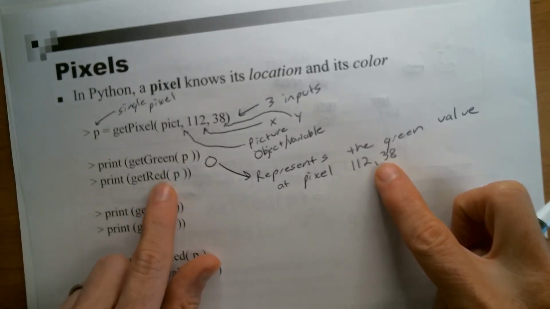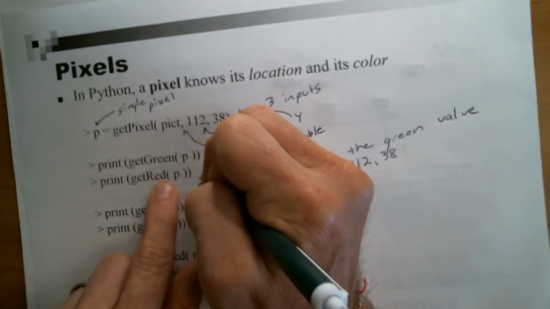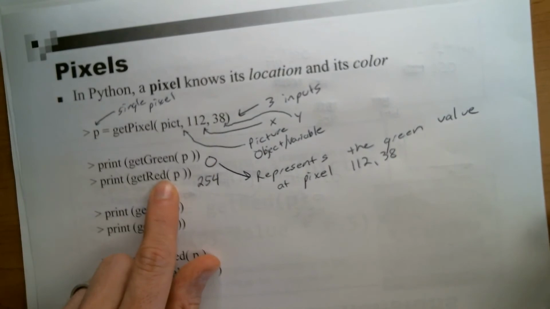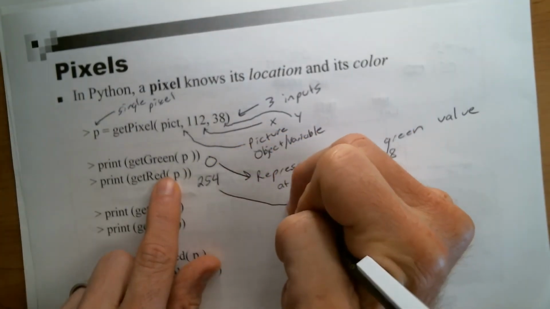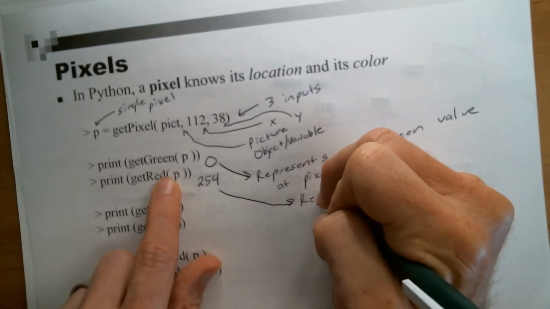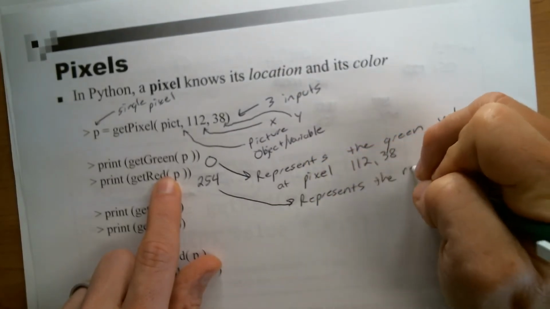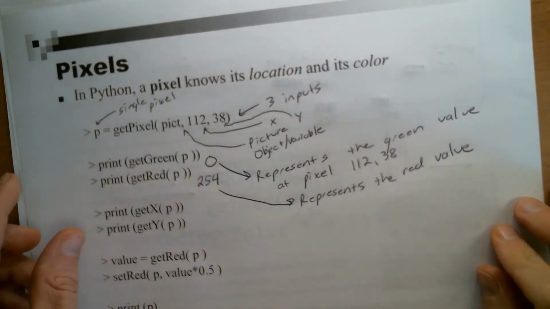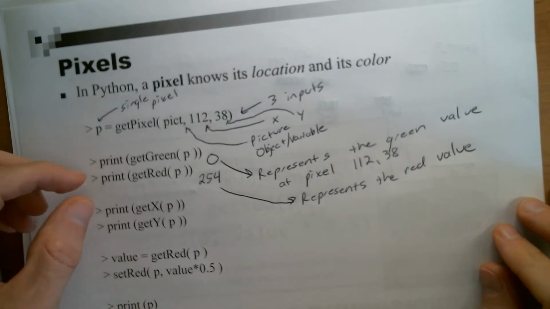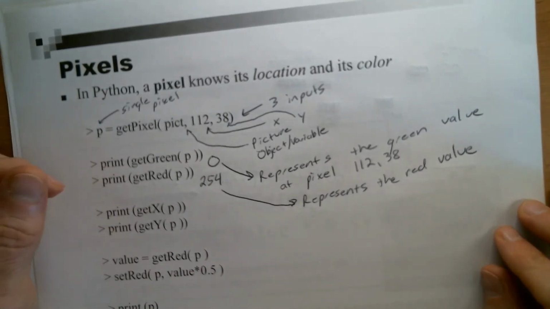This is doing the same exact thing, only it's returning the red value. So same idea here, but this represents the red value. These, again, are functions that are part of that jest.py file that we're going to be able to use to interact with and analyze pictures.